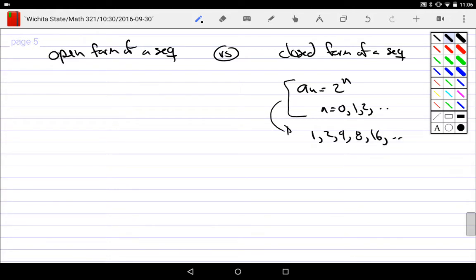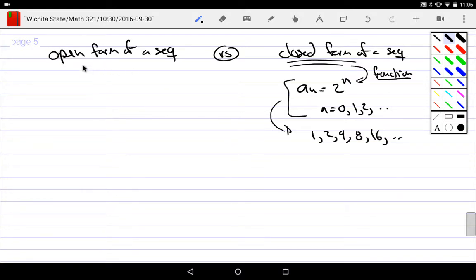So the sequence itself is the numbers you've gotten to. The formula is closed form. Closed form simply says you have a nice, clean function. Number comes in, number comes out. Where does 100 go? 2 to the 100th power. Where does 1,000 go? 2 to the 1,000th power, right? We can immediately get to the value.